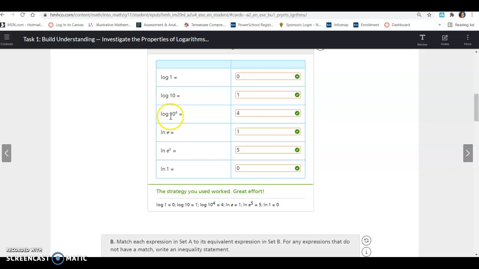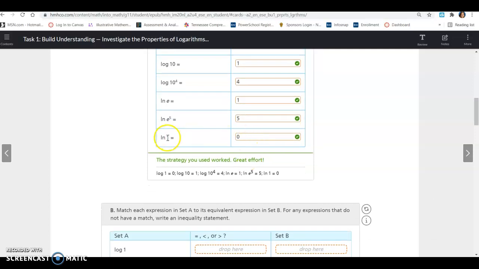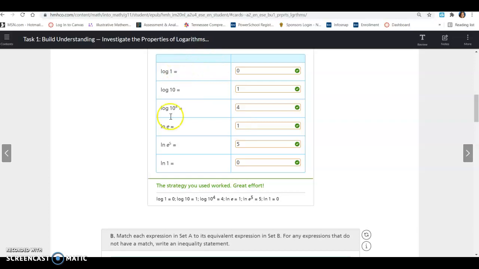Again, this base 10 and 10 here cancel, so that's why that's 4. And the E's cancel, so that's 1. And then the E's cancel again, so that's 5. And then ln of 1 is 0. Again, anything to the 0 power equals 1, so that just kind of goes in reverse.